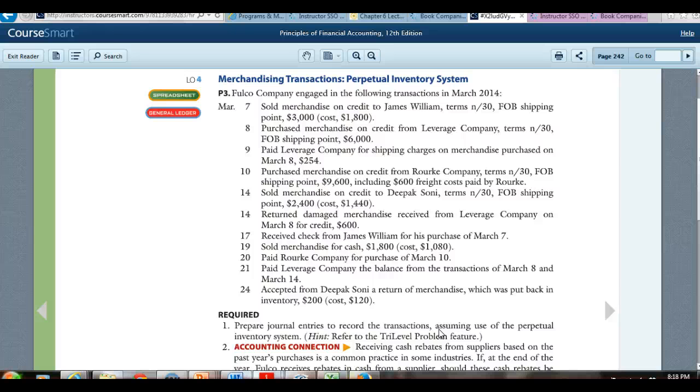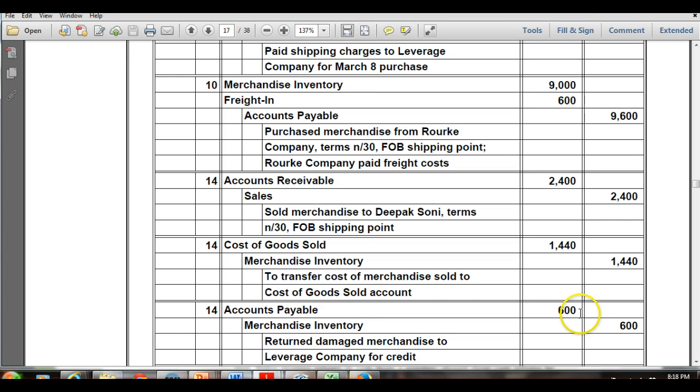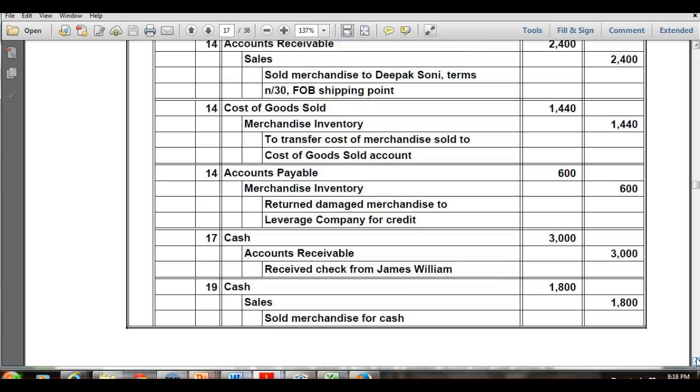Debit what? Debit accounts payable. And what are we going to credit? Merchandise inventory. Perfect. So you're going to want to debit your accounts payable of $600. You're going to credit your merchandise inventory for $600.